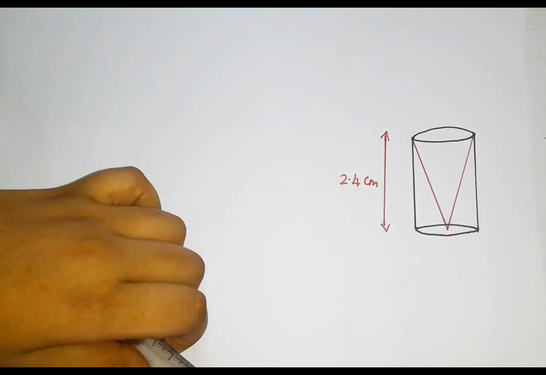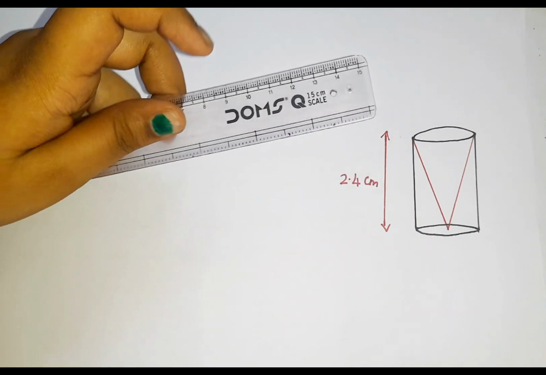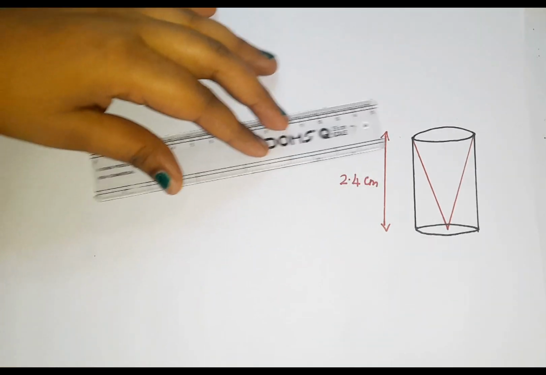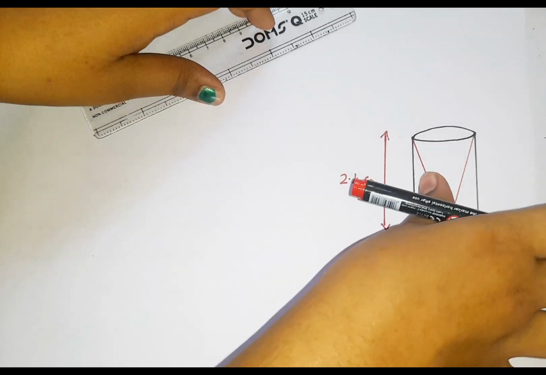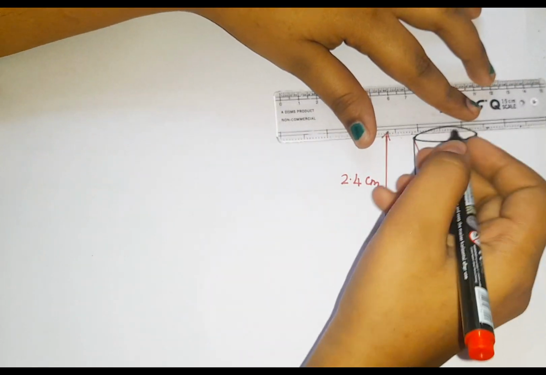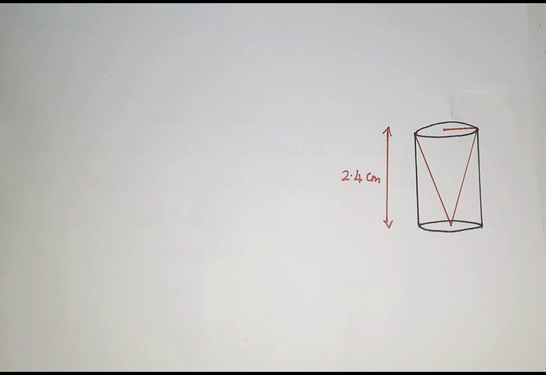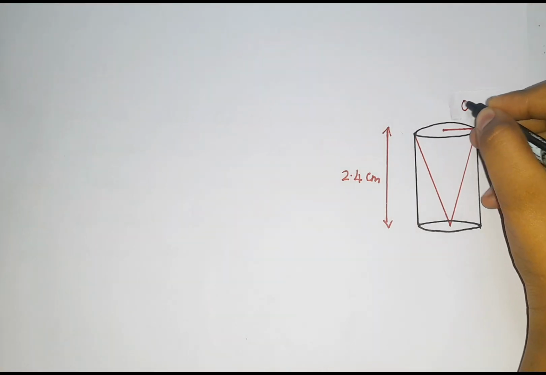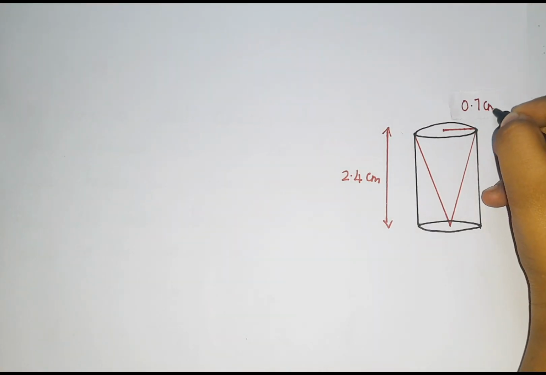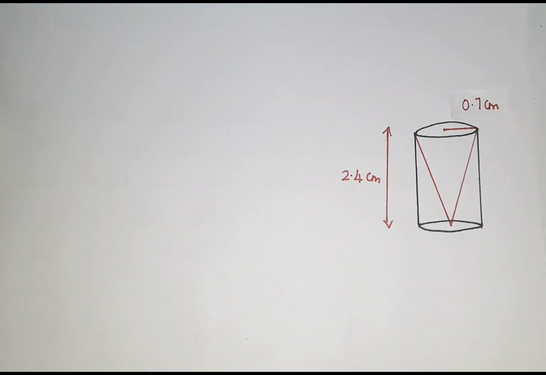And the diameter, we know the diameter and we also found the radius, that is 0.7, am I right? Since you guys know, I'm not going to be showing that. So the radius is 0.7 centimeter. Now we know the radius, we know the height, so we can actually solve it.